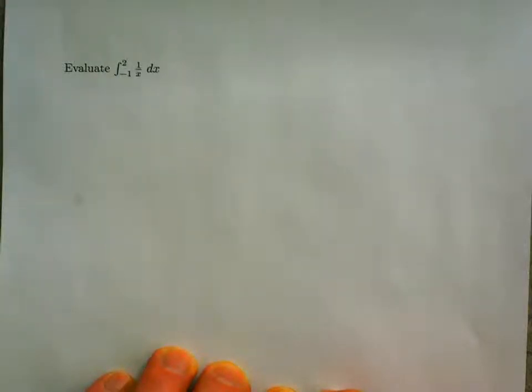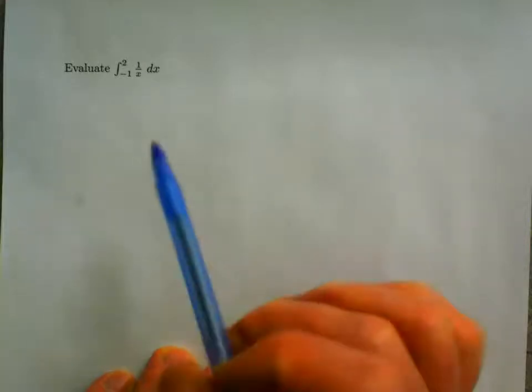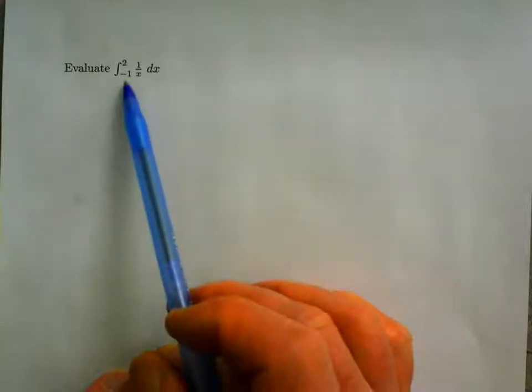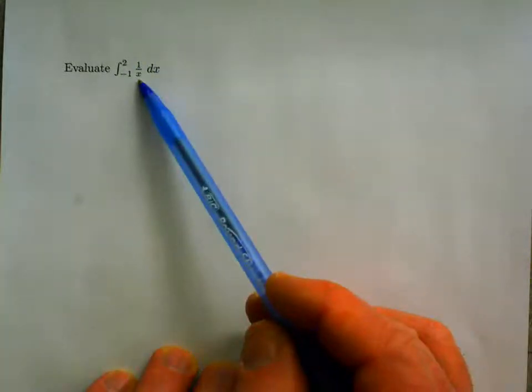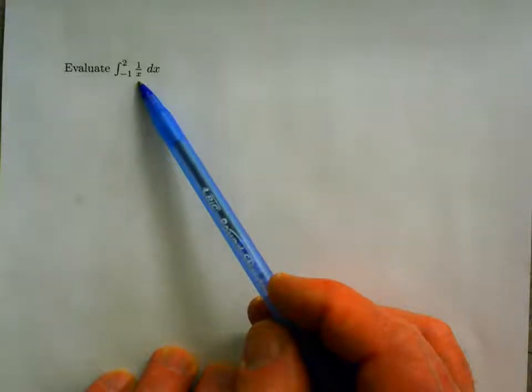Why is it improper? Yeah, in the interval from negative 1 to 2 is the number 0, but the function in the integrand, 1 over x, is undefined at 0.